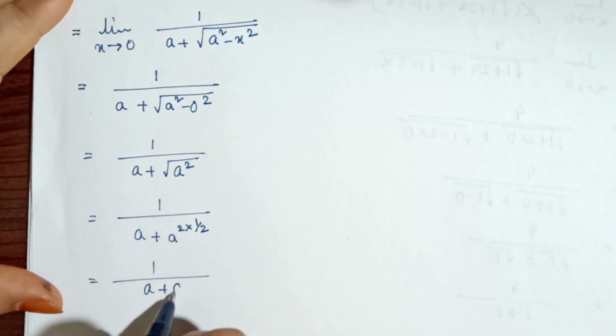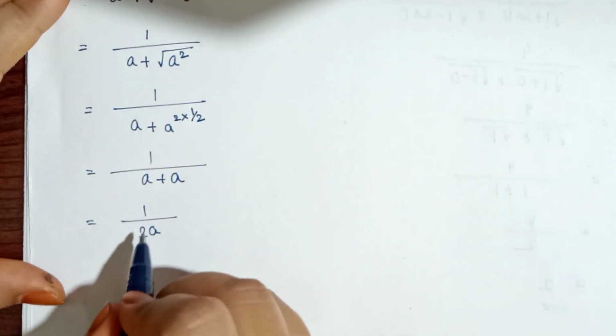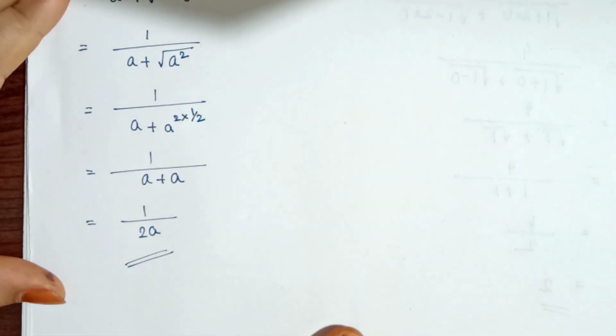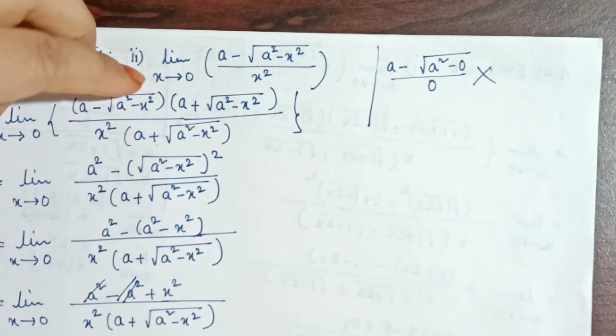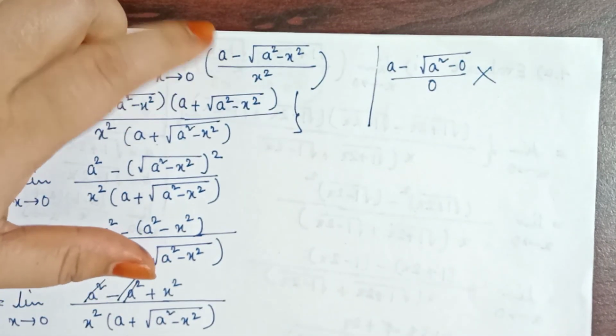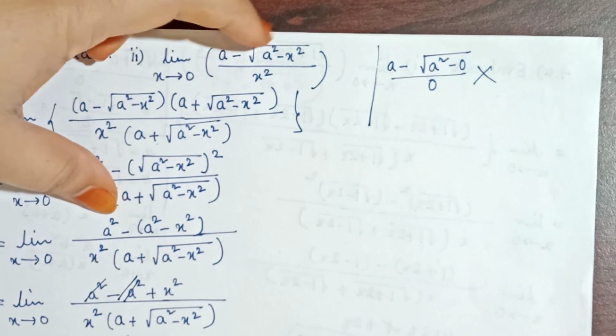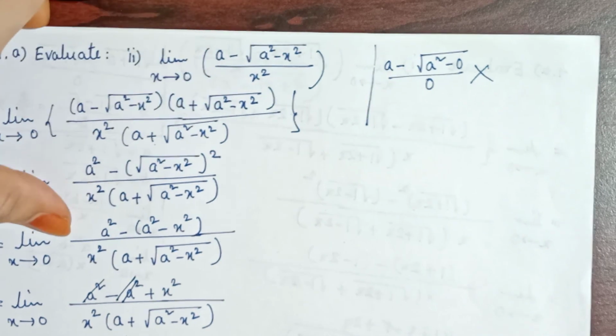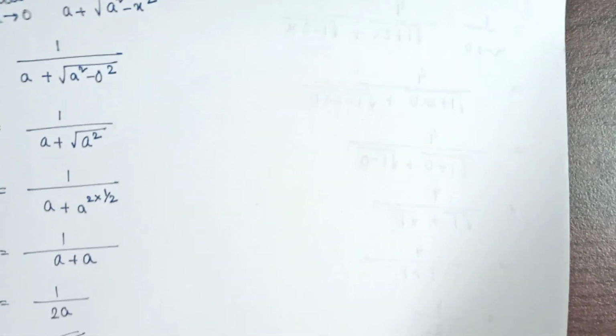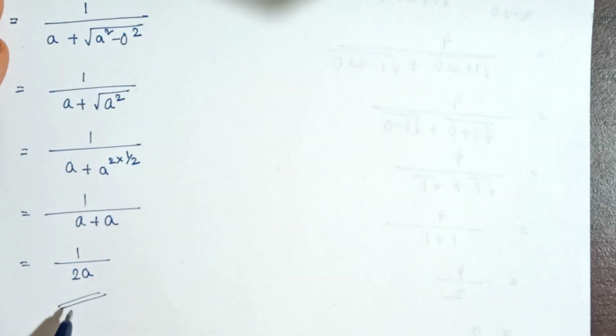So this is a plus a, that means 1 by 2a. So this is the final result. So the question is limit x tends to 0, a minus root over a square minus x square divided by x square, and the solution is 1 by 2a.